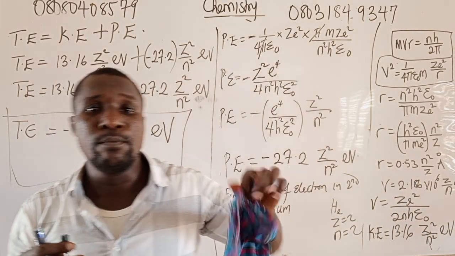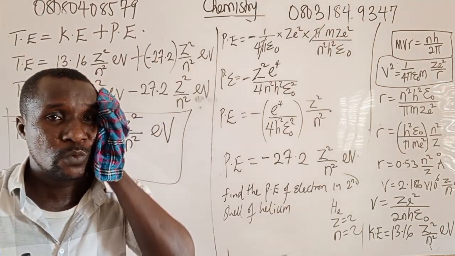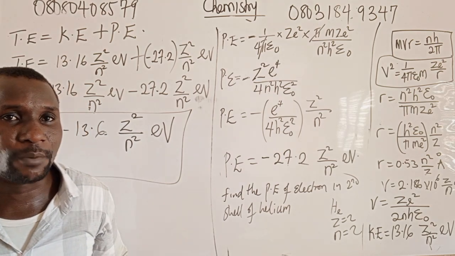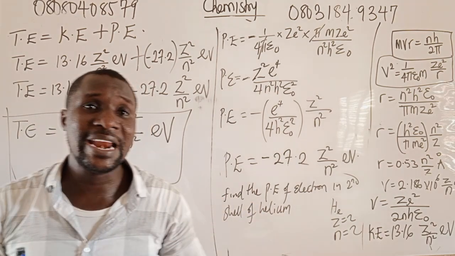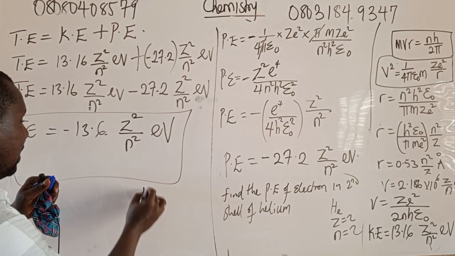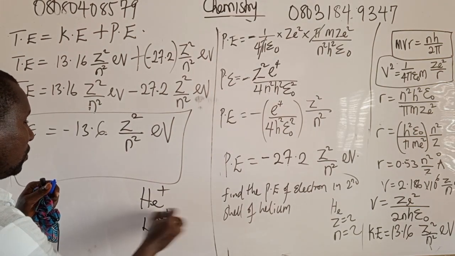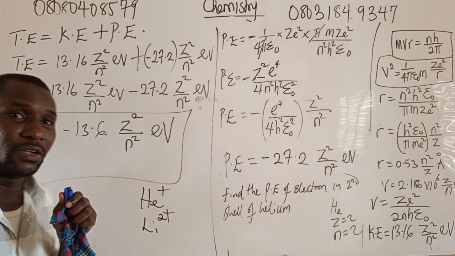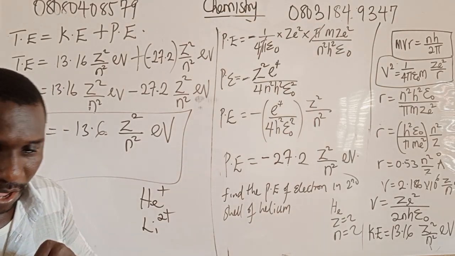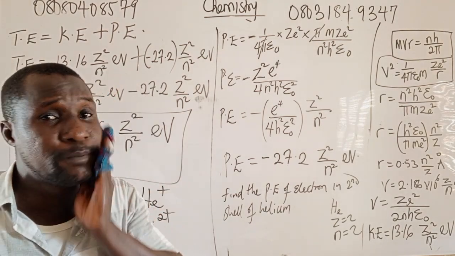I told you, the atomic model of Bohr is applicable to what? To atoms with only one electron. That means hydrogen-like atoms. Hydrogen has only one electron, and hydrogen-like atoms such as helium ion, lithium 2 plus. That means it's applicable to them. Take note of that. And Bohr considered the electron as a moving particle.